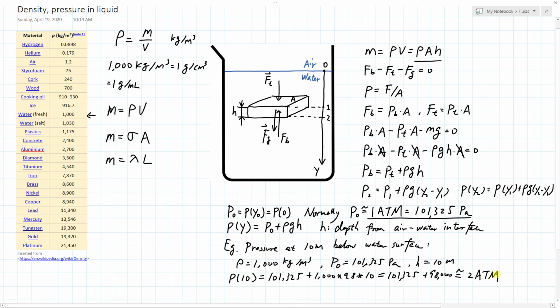So if you're diving 10 meters below the water surface, then you're going to have a pressure that's equal to 2 atm. We call this absolute pressure.